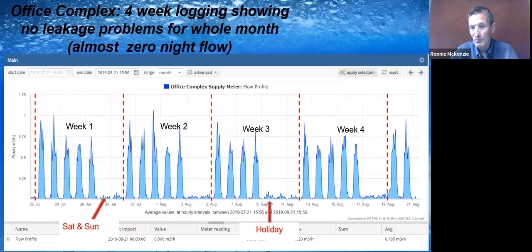If there's a holiday, most people are not in at the office. So the weekends are generally very low and the weekdays are quite high. You can see that we've got a virtually zero night flow over the weekend, which is what we're looking for. So we do not have a leakage problem from this 4-week logging result.